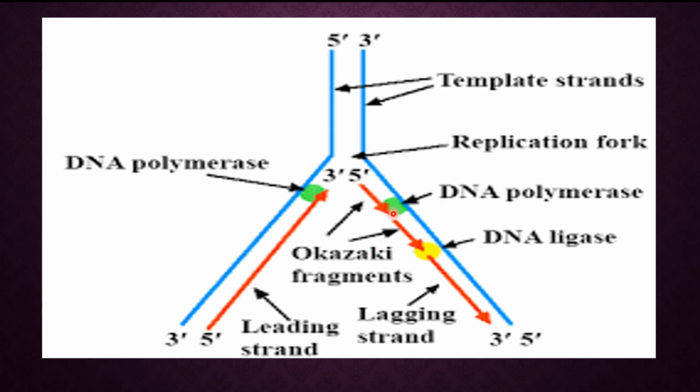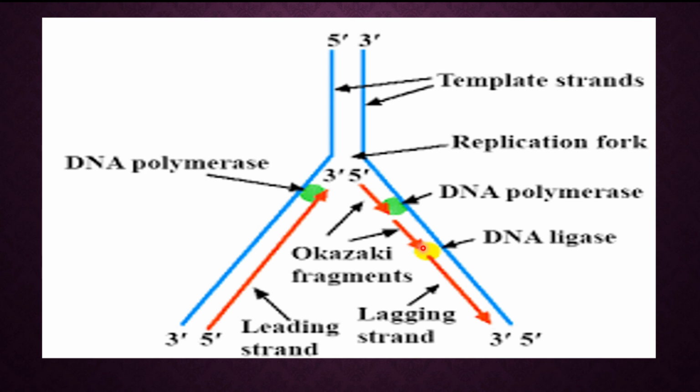Now the other strand. Now see what happens. RNA primer is here. RNA primer results in the formation of this strand, and the RNA primer is proceeding here. Now another strand formation takes place here. Naturally, this is the 3' end, which means this is the 5' end, and this is the 5' end, which means this is the 3' end. So again RNA primer gets attached and strand formation takes place in this manner on the lagging strand.